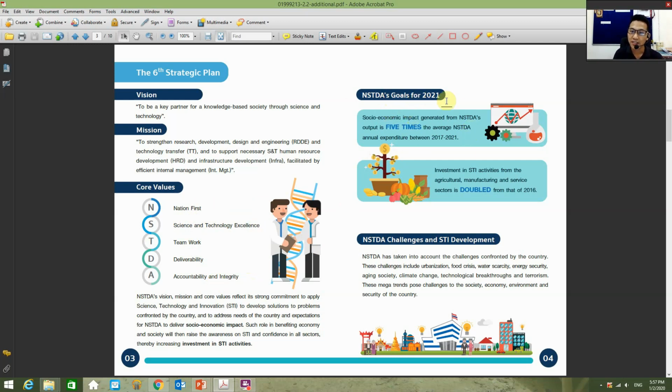So NASA goal for 2021: socio-economic impact generated from NASA output is 5 times the average of NASA annual expenditure between 2017 to 2021.